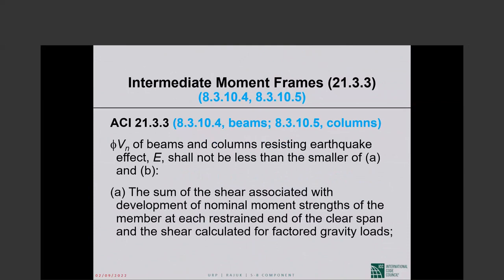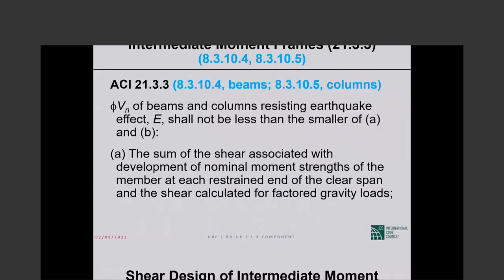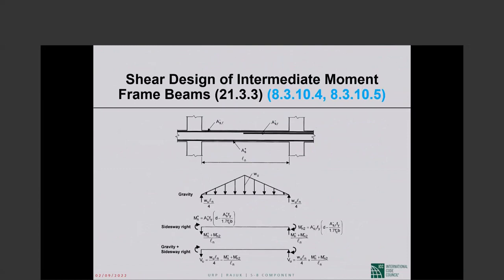The shear design of intermediate moment frames. There are two ways you can go. You can approach it like the shear design of special moment frame beams, except that for an intermediate moment frame beam, you will calculate the maximum shear that can develop by considering nominal rather than probable moment strength at each end.